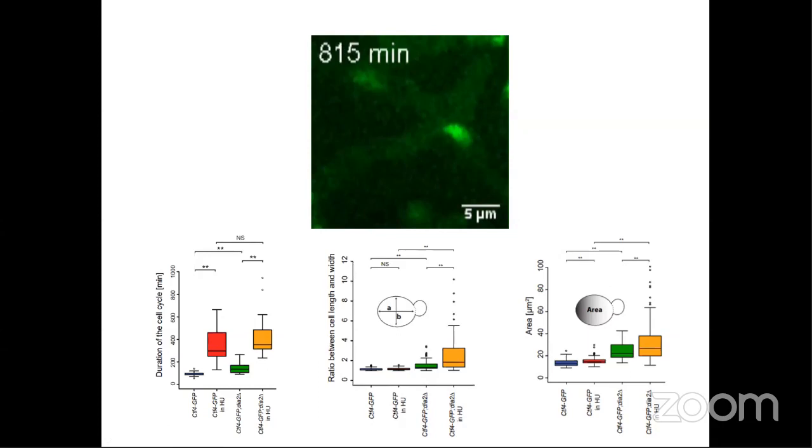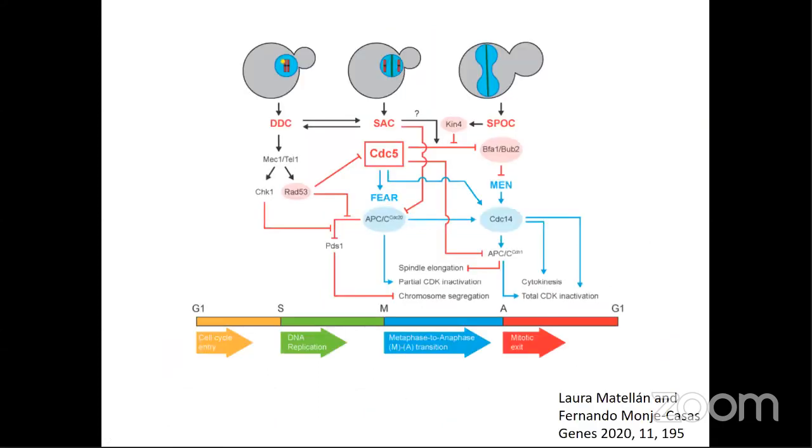Now, we did some headbanging, basically brainstorming, and we know that the cell has 3 important checkpoints that should prevent what we're seeing. The first checkpoint is the DNA damage checkpoint, which detects if there is DNA damage and stops the cells from progressing.